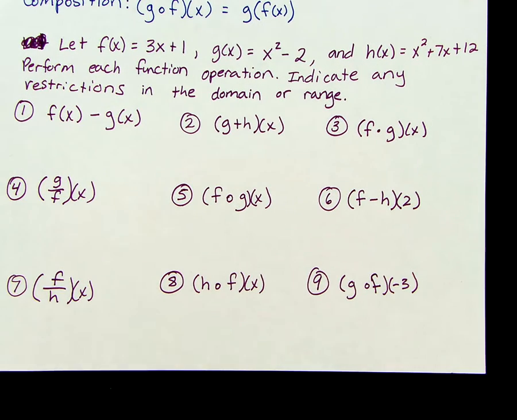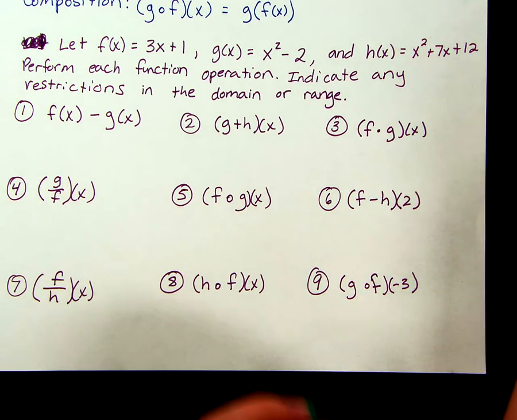Okay, so it's telling us to let f of x equal 3x plus 1, g of x equals x squared minus 2, h of x equals x squared plus 7x plus 12. We're going to perform each function operation and then indicate any restrictions in the domain or range. Even before we get started, let's figure out the domain and range of each of those equations.